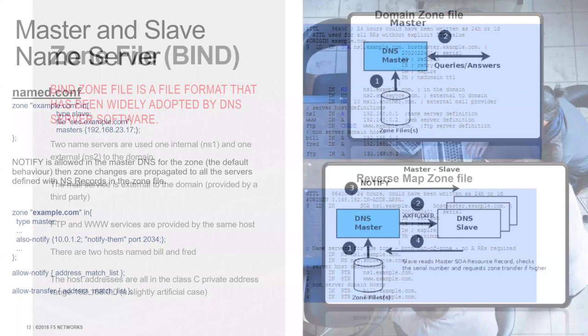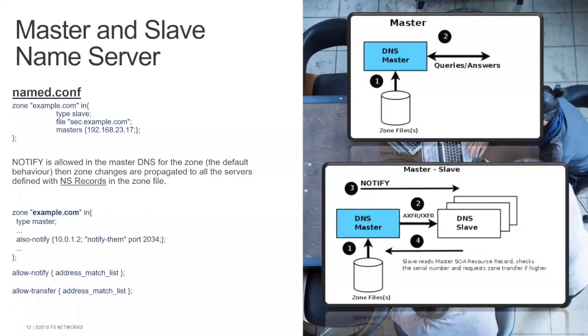Next, there is a feature on the DNS server called DNS zone transfer. DNS zone transfer is a mechanism to transfer or synchronize the DNS database across multiple DNS servers.